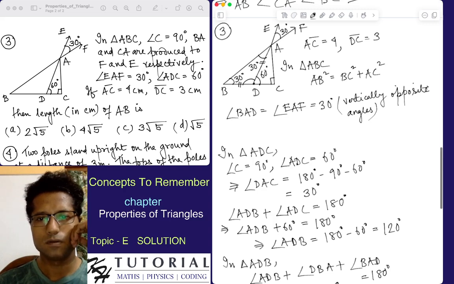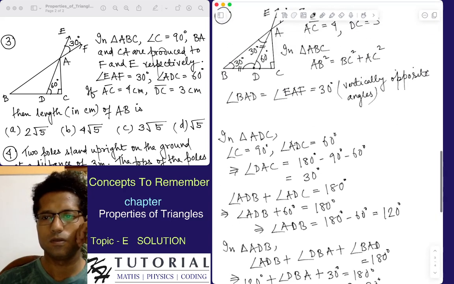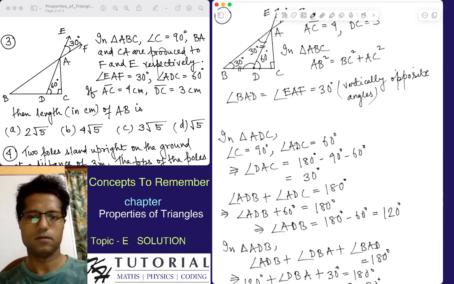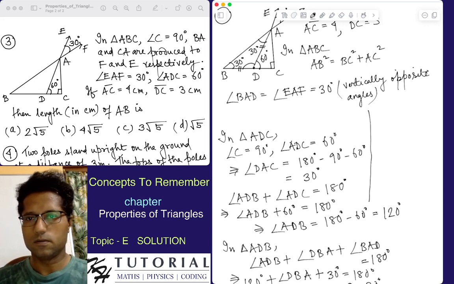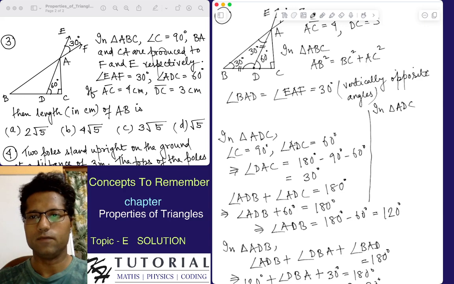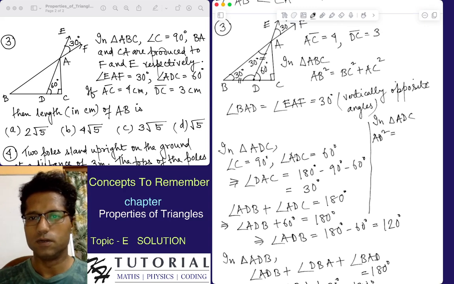Now in triangle ADC, we know AC and DC, so AD square will be equal to DC square plus AC square.